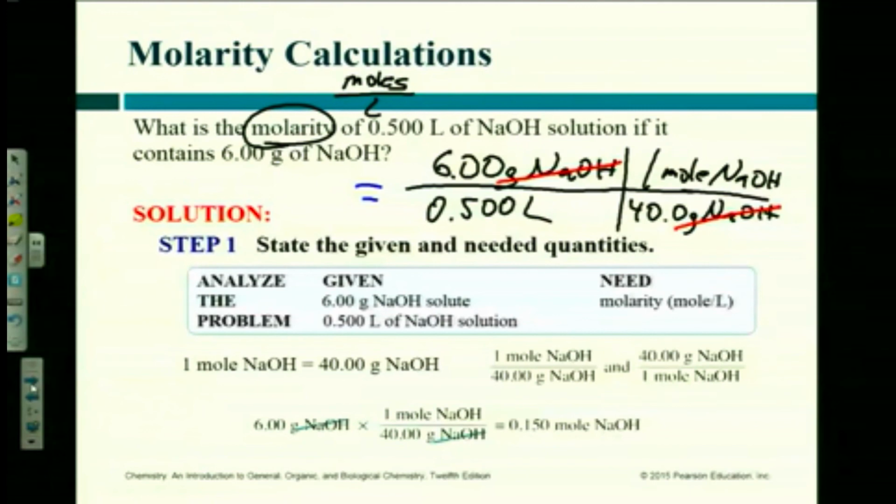I don't know what that is. What's 3 over 40? No, 6 divided by 0.5 is 12. 12 over 40. What's 12 over 40? Or 6 divided by 20. It's what? 0.3.